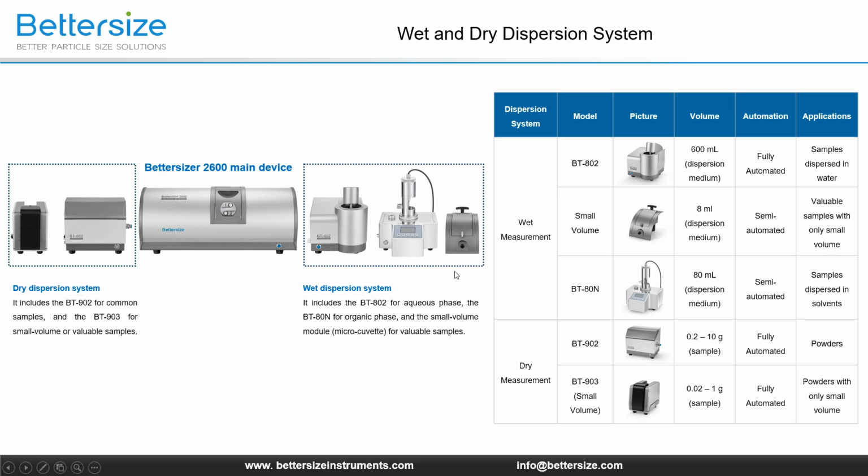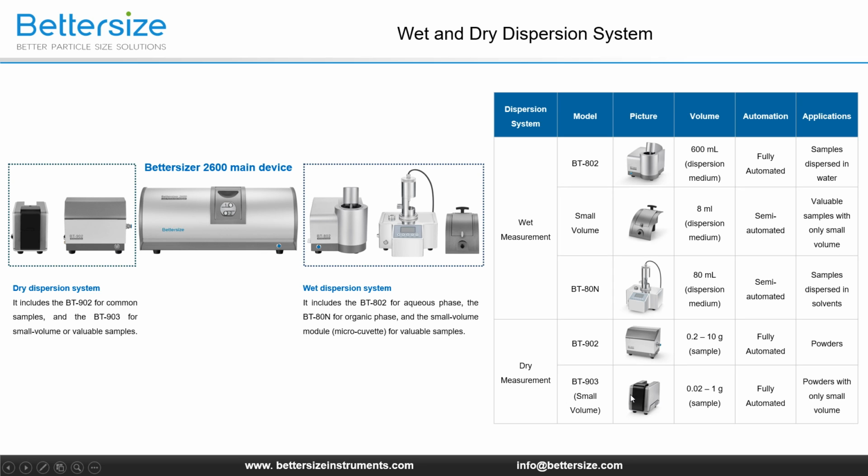For most common wet measurements, there is a standard volume module called BT802, whose dispersion medium is 600 ml, and there is a small volume module as well as the anti-corrosive module BT80N. For dry measurements, a standard volume module BT902 and small volume module BT903 are accessible.